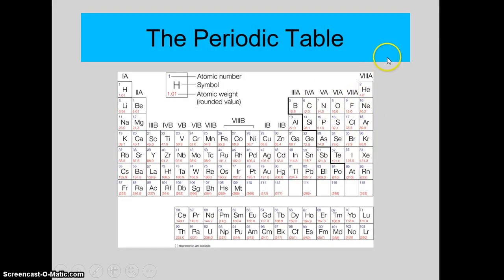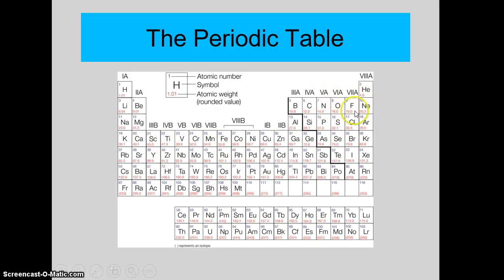So once again, you've got to try to remember this, because it's the first thing in naming molecules. That's primarily the big thing that we're going to do, is name molecules. So one of the first things we have to identify is whether it's an ionic bond, that is one of these metals with one of these nonmetals, or a covalent bond where it's a nonmetal with a nonmetal.